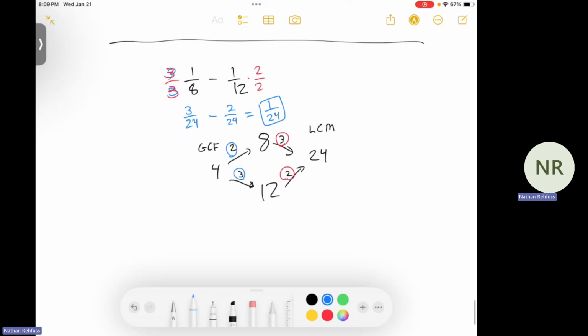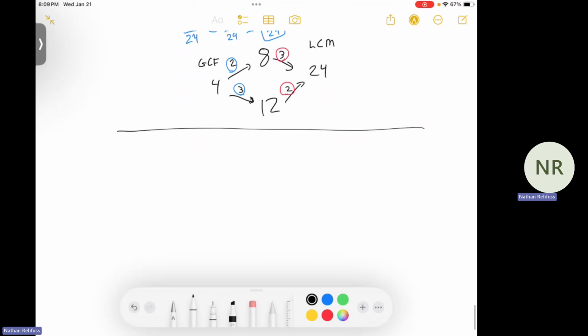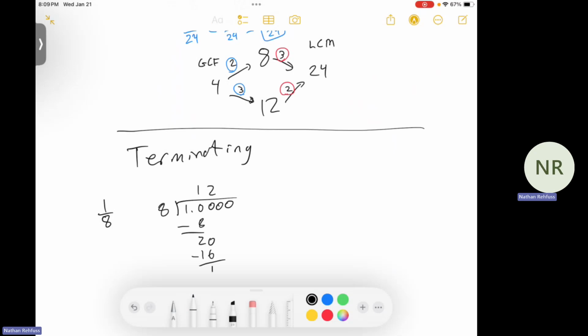All right. We're ready for the last part of this video. Let's talk about decimals. Some fractions are terminating. Look what happens when I do 8 divided into 1. 1/8. 8 goes into 10 once, into 20 twice, and into 40 5 times.